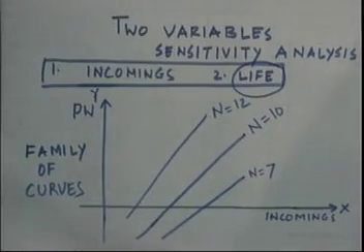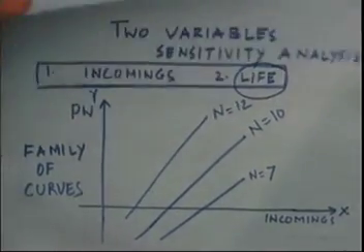Now I will show you another way of showing the results of sensitivity analysis involving two variables changes at a time, and that is known as isoquants. So I will give you an example of isoquants. You can plot it on your own for this particular example.